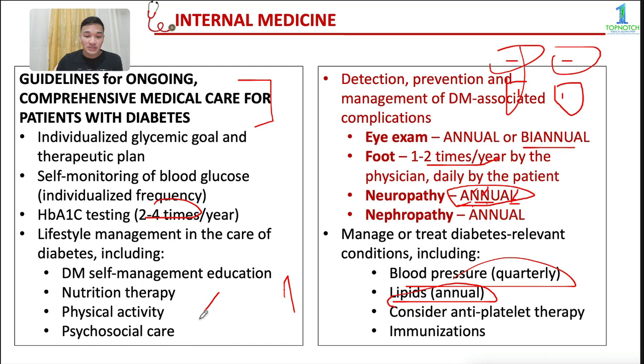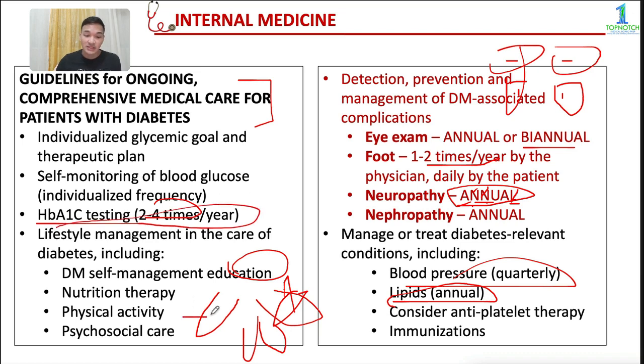So paano ko na-memorize yan? Si A1C, di ba, ito yung arms ng tao, tapos ito yung ulo, tapos ito yung paa. So saan ba nilalagay ang blood pressure cuff? Sa limb, sa upper arm, which is sa limb. Saan kinukuha ang dugo to test for HbA1c? Sa arm din, di ba?